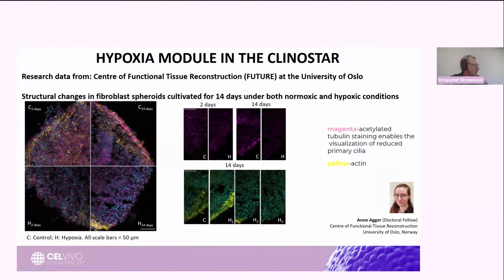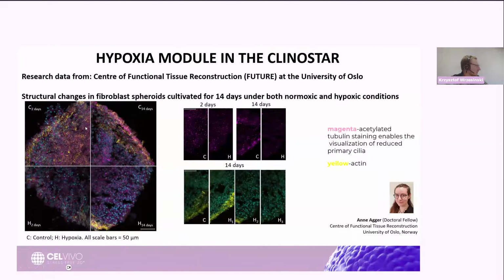prototypes. And here, I would like to showcase an experiment made by Anne Ager from Oslo University, from Jenny Rosalind's group, where they were comparing structures of fibroblast-based spheroids grown in standard conditions and in hypoxic conditions.